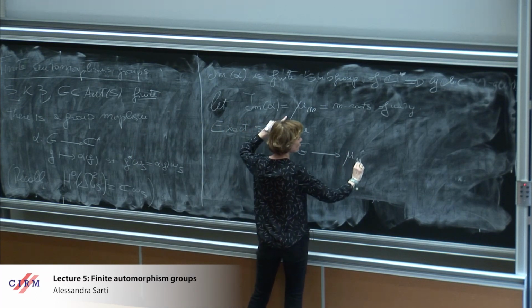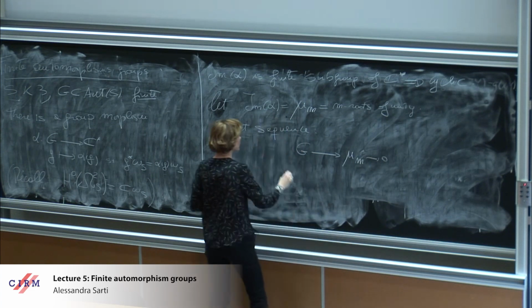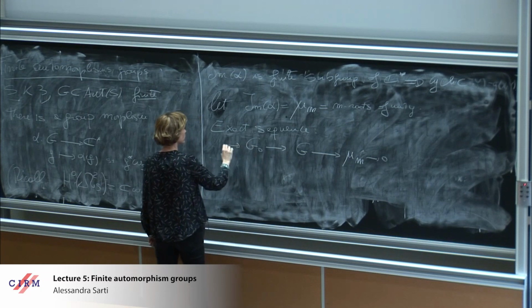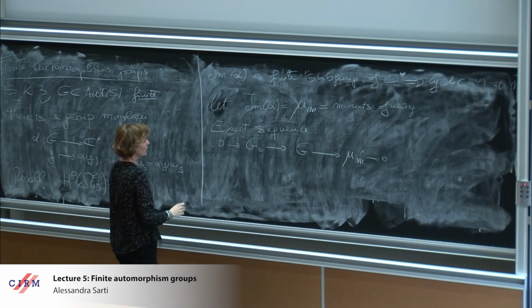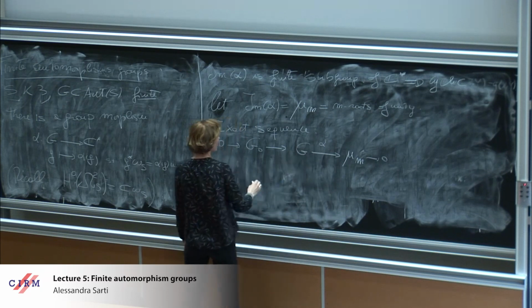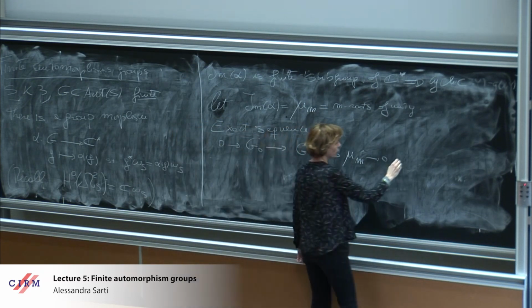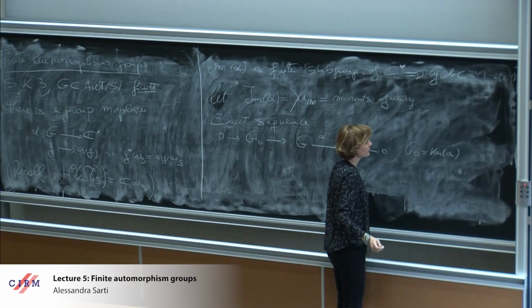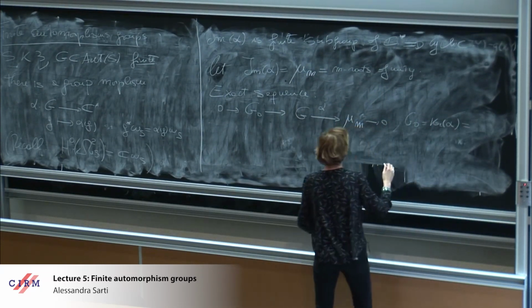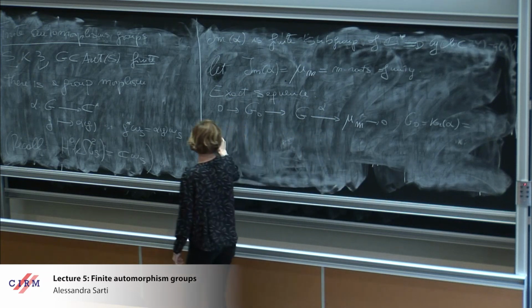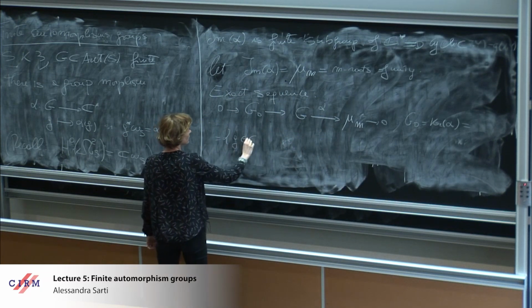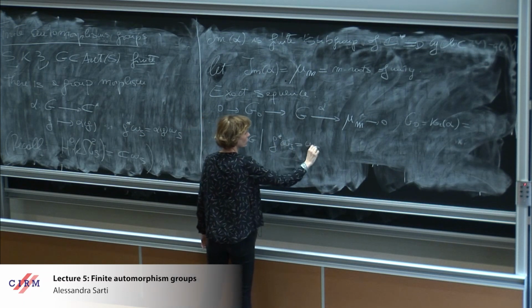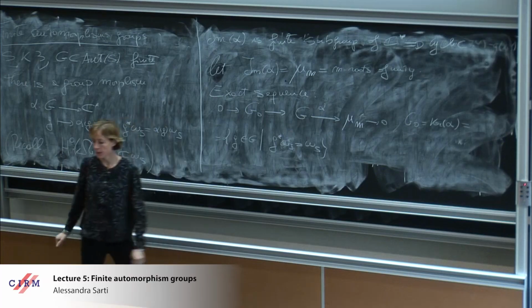So this is a notation for the image. And here you have the kernel of this map, that I call G0. This is the map, as I said before, alpha, and so G0 is the kernel of alpha. So this means that these are all the elements g in G that preserve the two-form, so act as identity.